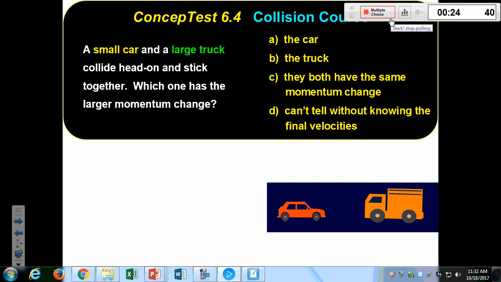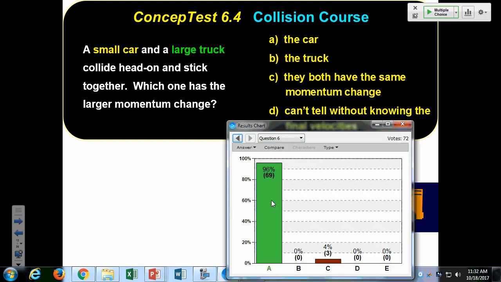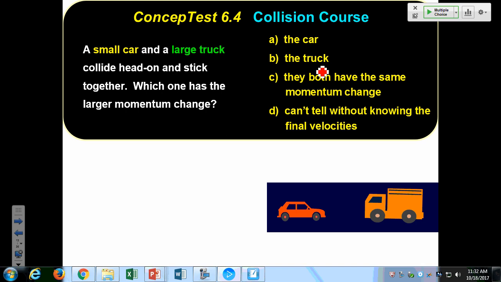Everybody just put in A for now, and I'll give you credit for it. But we're going to wait till we get to inelastic collisions. Everybody put A. Don't mark A as the right answer. It may or may not be the right answer. Some of you just want to be particular about things, don't you? All right, that's okay, I understand.